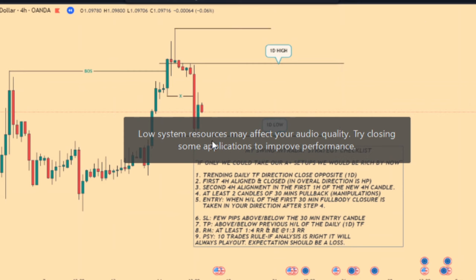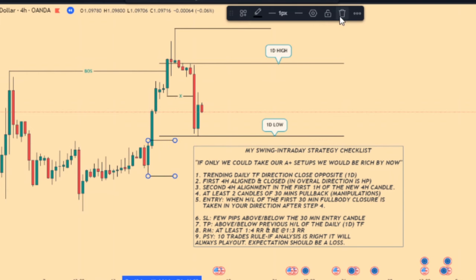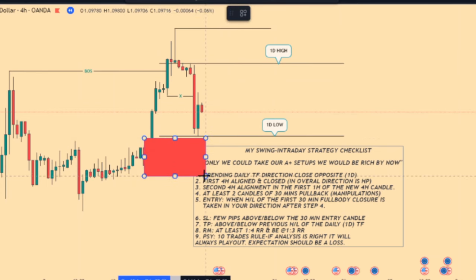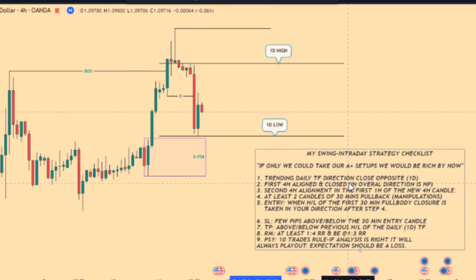So my system is overloaded. So this is an inducement, and then we tapped on a decisional point of interest, and at the same time, or just basically order flow in general. So this is the order flow we just went into. So we can say it is just a decisional point of interest.